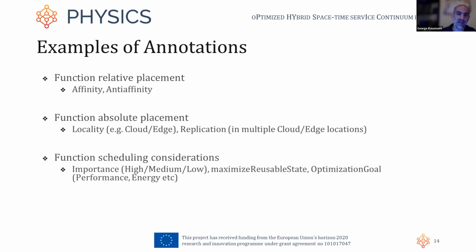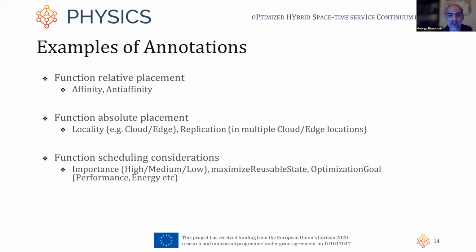We have also other layers down the infrastructure stack that have to do with scheduling considerations. So we support in the end a number of different scheduling decisions in terms of energy-aware schedulers or performance-aware schedulers. You will be able to annotate what is your optimization goal for a specific function or a flow.